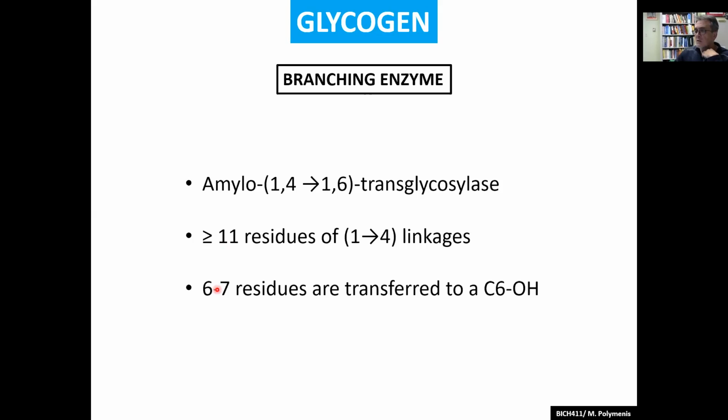It clips 6 or 7 of them and moves them to carbon 6 of another glucose on the chain. Why 6 or 7? Because that will leave at least 4 back, which means that glycogen synthase can go back and extend whatever was trimmed, right?